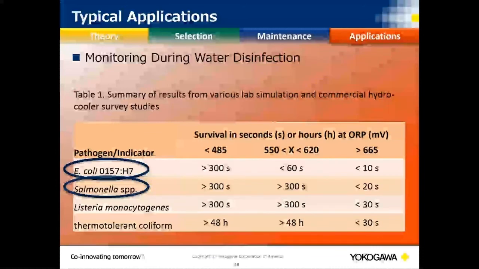So studies have been done that determine that if I maintain a certain ORP value for X amount of time, then certain pathogens are killed off. So we see this in not just drinking water purification systems, but also for, like, industrial washing machines. They'll use it for disinfection in their water sample there as well.